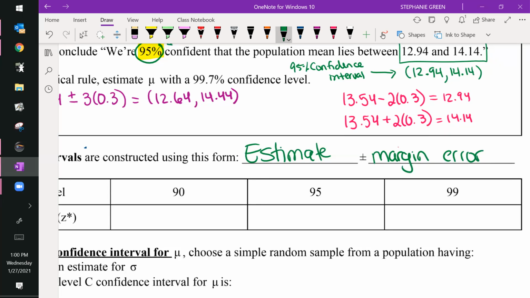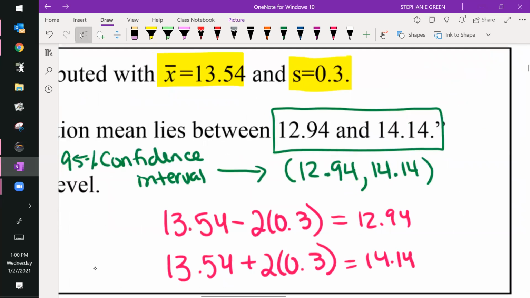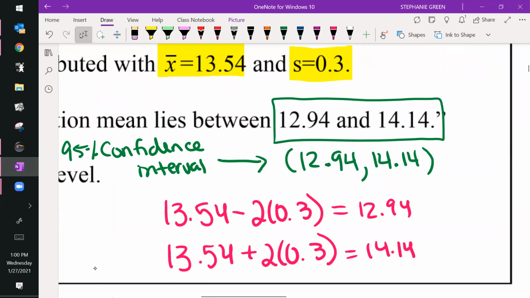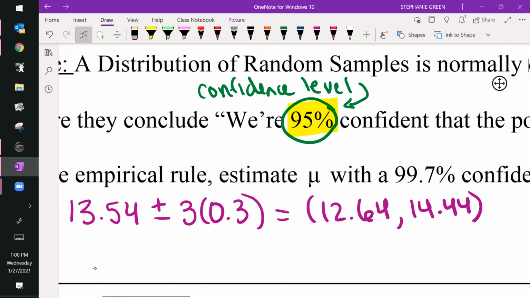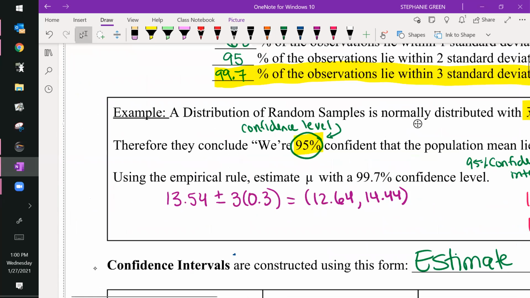The number of standard deviations we choose is going to depend on how confident I want to be. So in the first one, we added and subtracted 2 standard deviations because we wanted to be 95% confident. In this one, I added and subtracted 3 standard deviations because we wanted to be 99.7% confident.